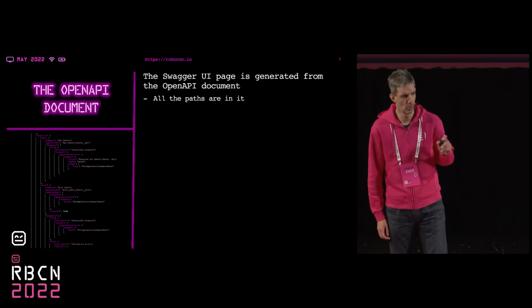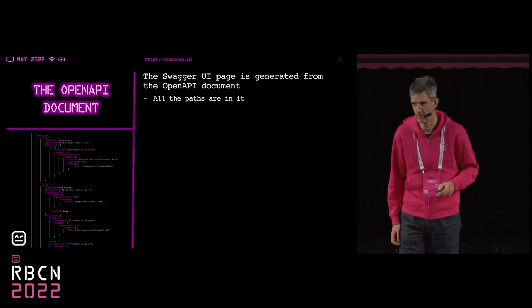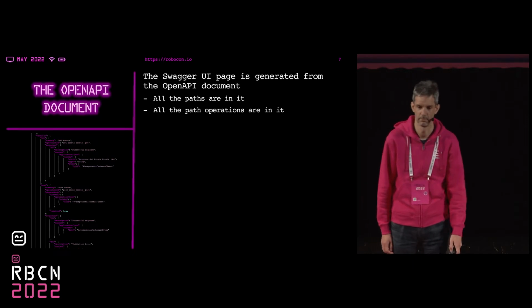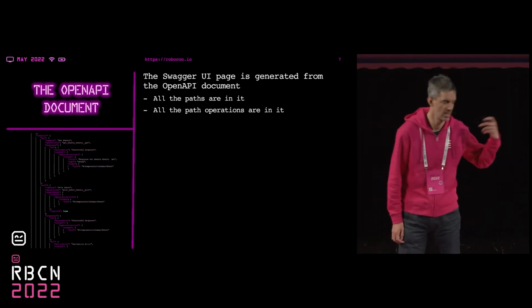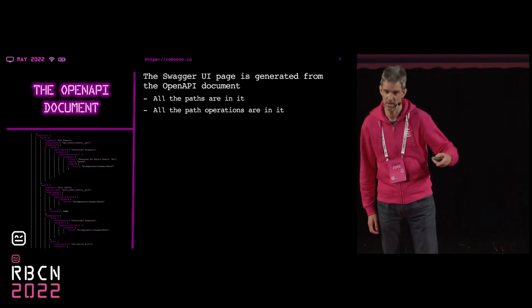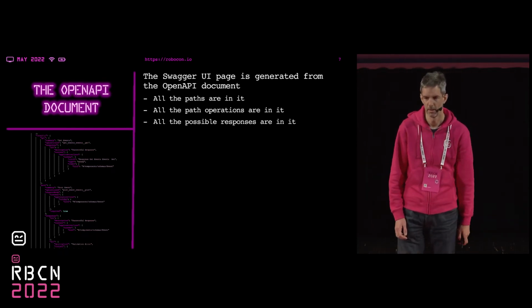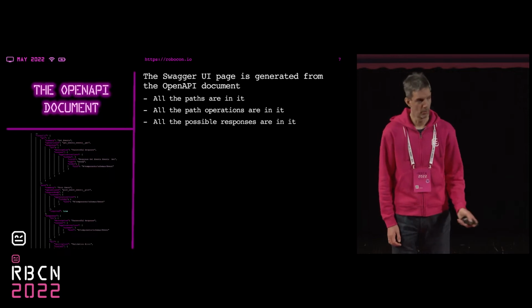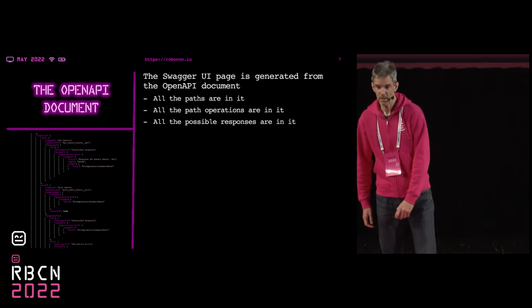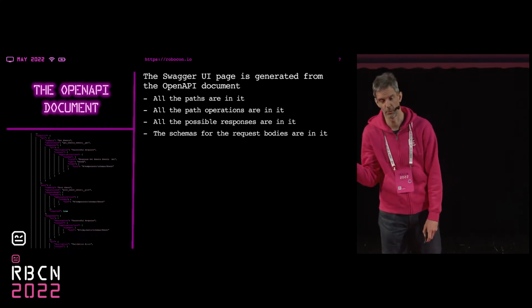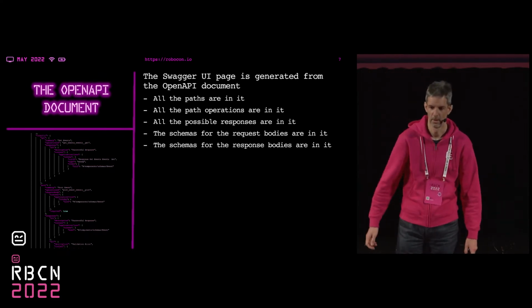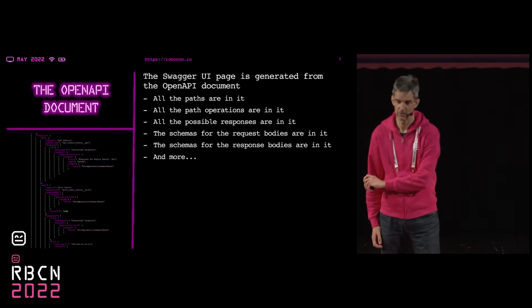Now, all the paths of your API are in the file. Everything you can do, post, put, get, for each path, it's in there. All the possible responses are in there. And then all the schemas for all the requests, all the schemas for all the responses.